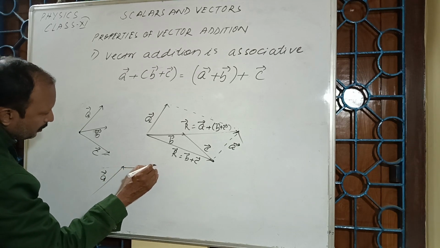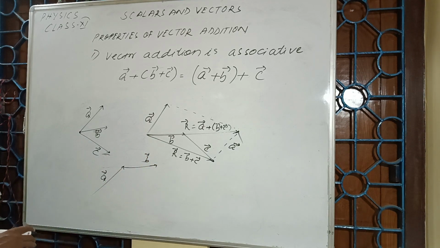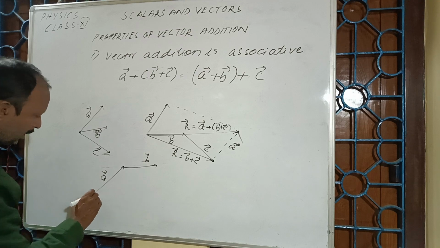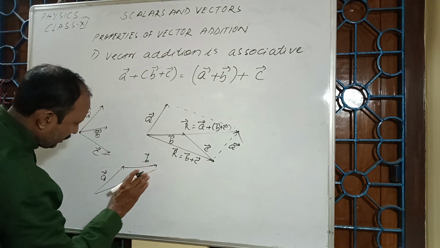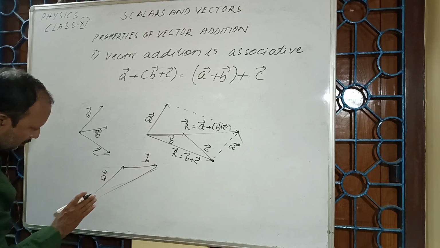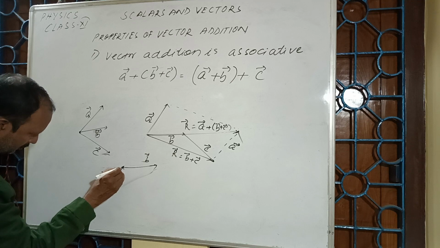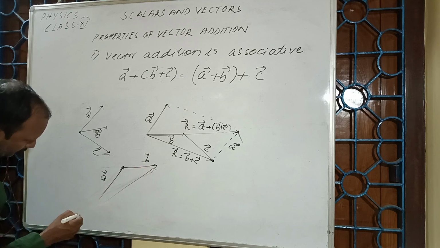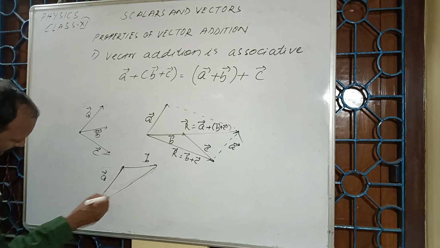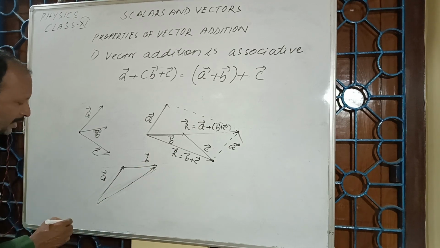This is vector B. So the A plus B, this is the resultant vector.